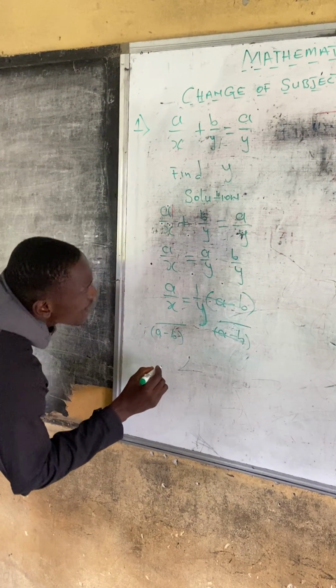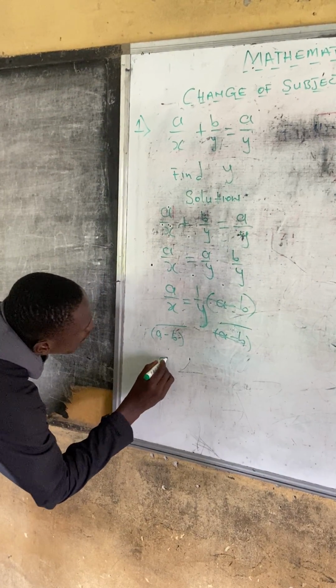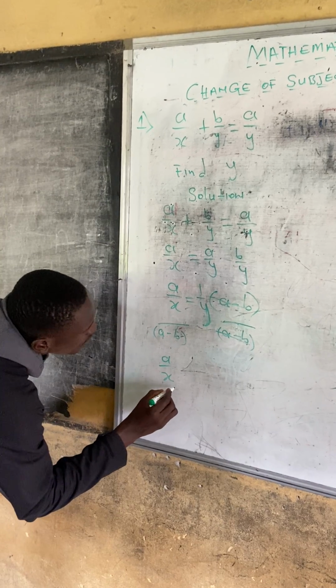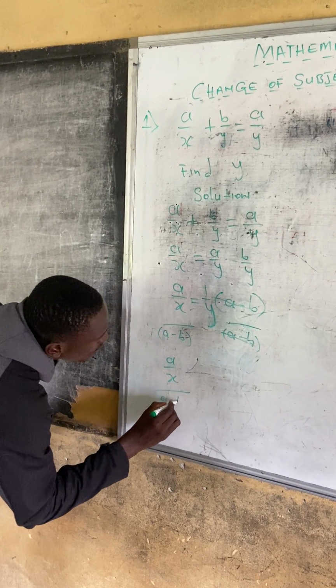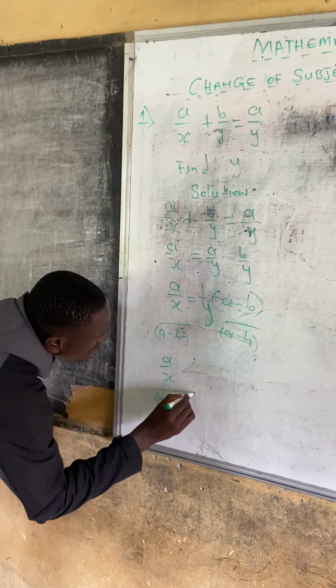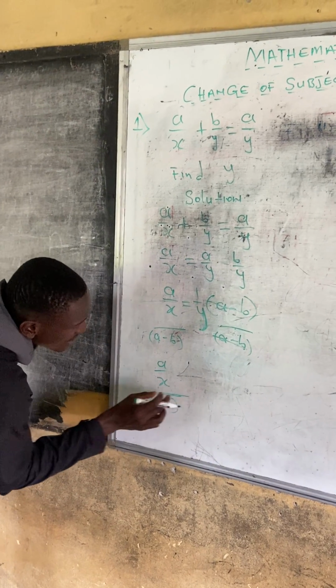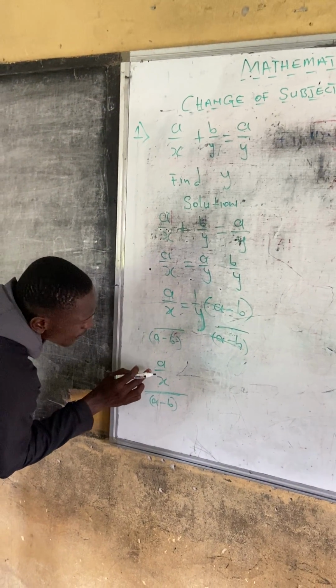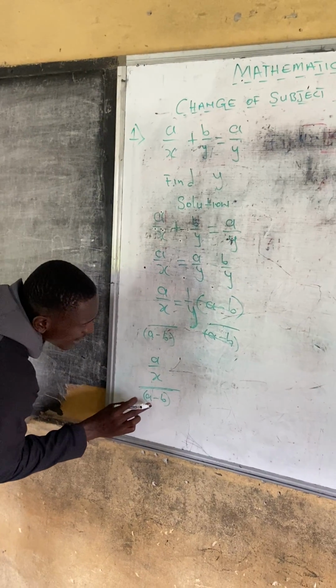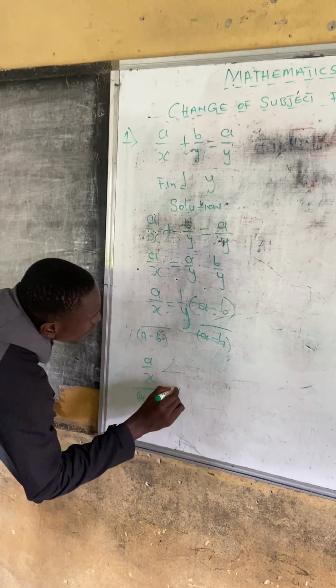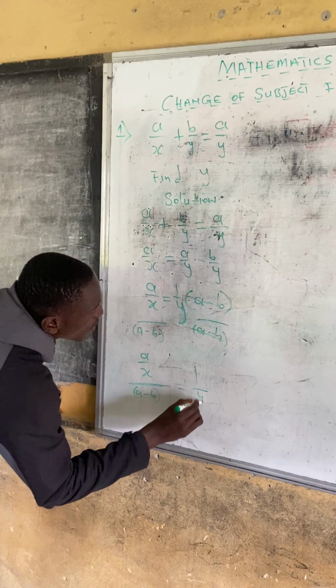We are going to be left with a over x all over a minus b. This is a big bracket that is differentiating a divided by x over a minus b. Then we'll now write 1 all over y.